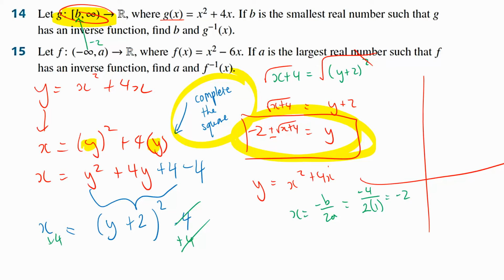It's still infinity. Yes, but remember the domain is the range of the inverse. Yeah, the first problem. That's the range. This is the inverse, and from here, when I sketch this graph, we have either negative 2 plus root of x plus 4. You have that graph, which is a positive root. Positive root is like this. Or you have negative 2 minus root of x plus 4 equals y.